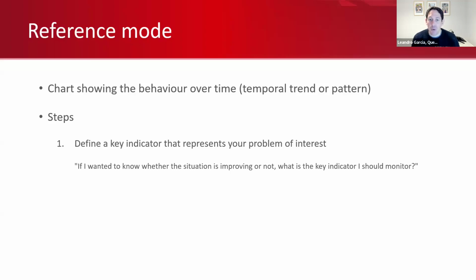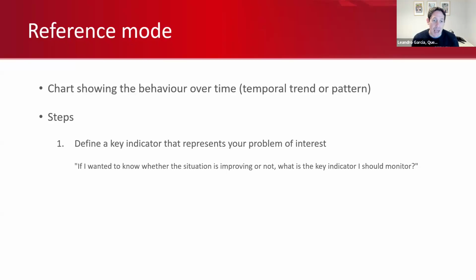If I wanted to know whether a situation is improving or not, I would use the levels of cycling among women as an indicator of that situation. That's the guiding question to try to identify a key indicator for your problem of interest.